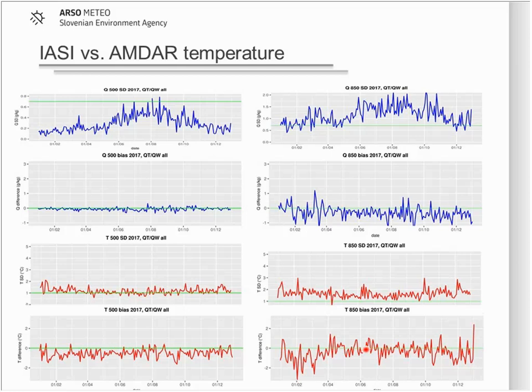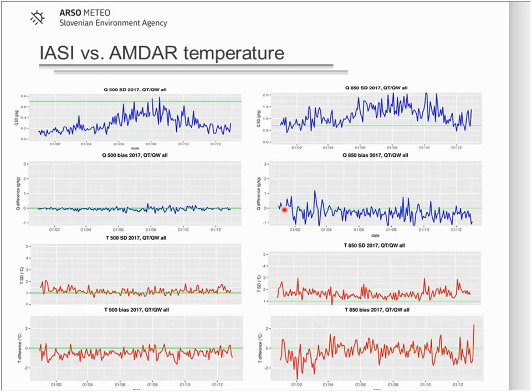What we see here on the right, at 850 hectopascals, is that the temperatures tend to be quite significantly lower in IASI than they are in the AMDAR, but only in the winter. The standard deviation maybe is a little bit bigger in the winter, but it's just a minor difference. Now, when we go to the specific humidity, we see that the bias at 500 hectopascals is almost, well, there's almost no difference.